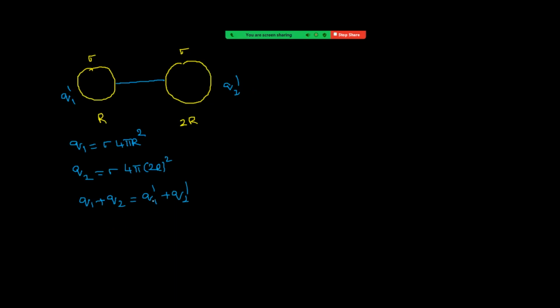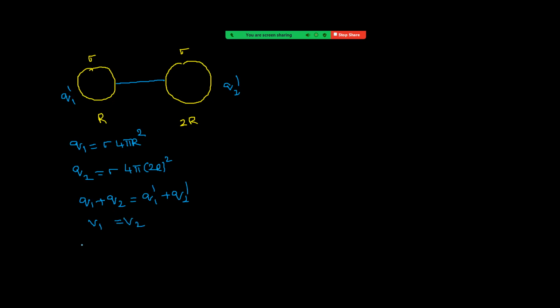So we have here two unknowns, Q1 dash and Q2 dash. So we require one more equation. And just now we have discussed that charge flows until potentials are the same, right? So equate the potentials, V1 equal to V2.